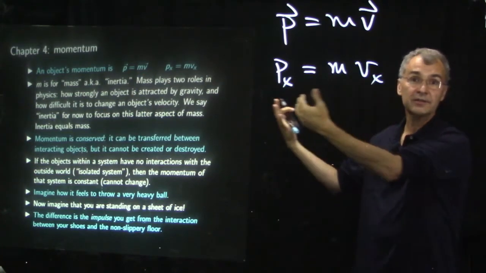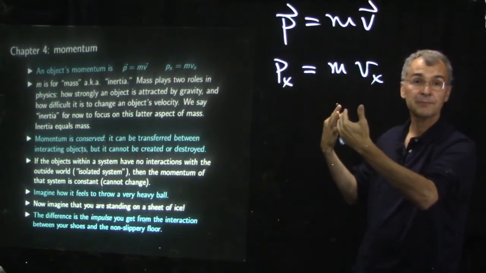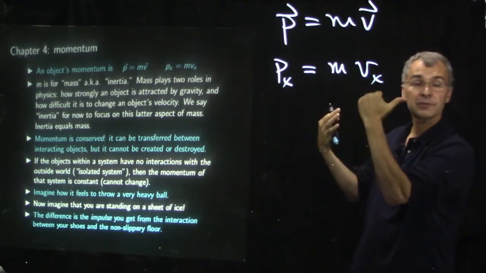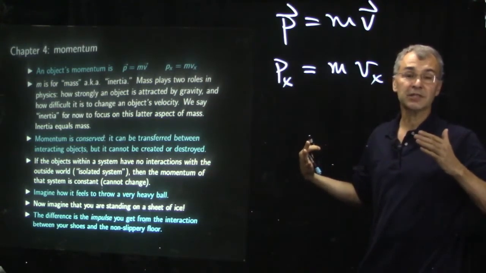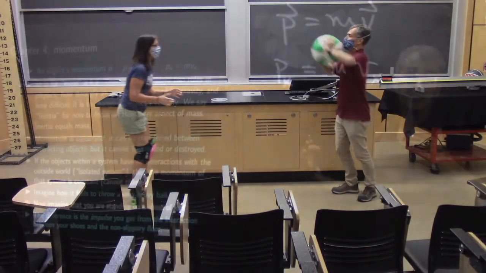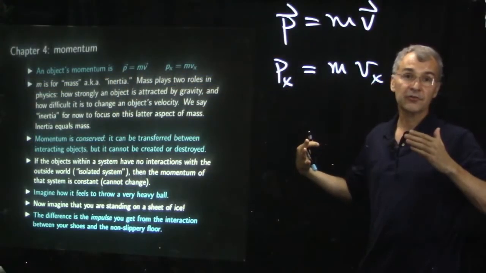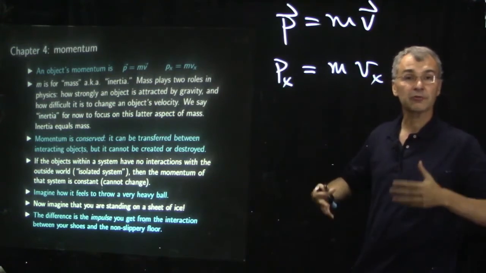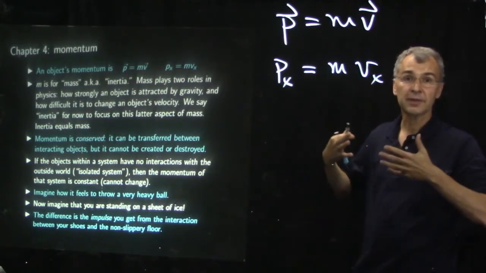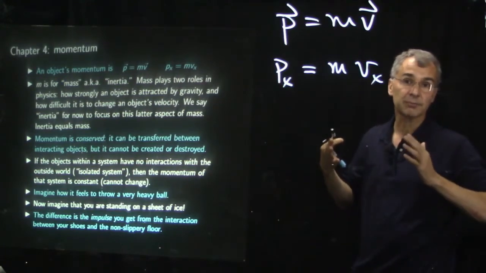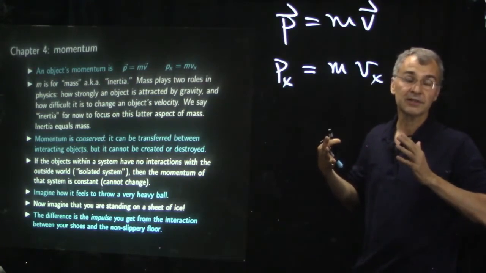So somehow, just before I catch the ball, there is net momentum toward me, and just after I catch the ball, there's zero net momentum of me and the ball together. And that's because there is some external influence of the ground which is preventing me from recoiling. So that transfer of momentum from the ground to the ball plus me system is an impulse.